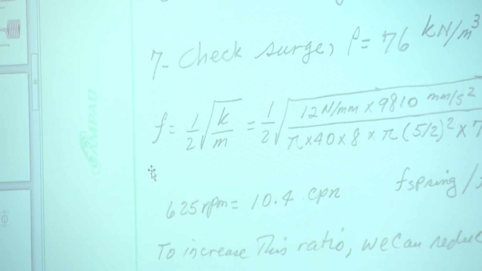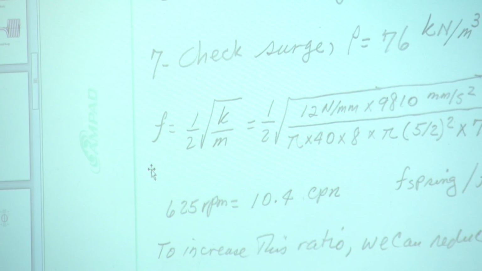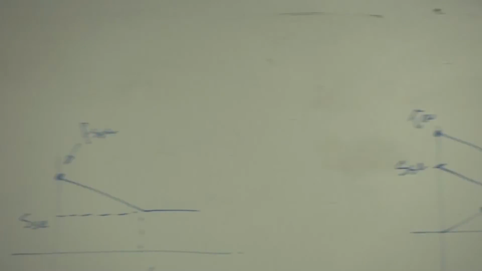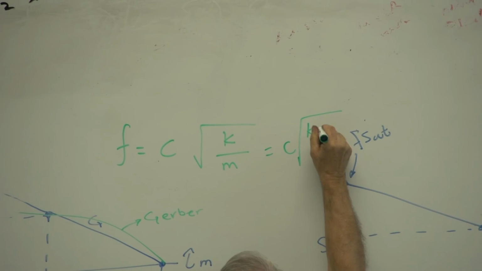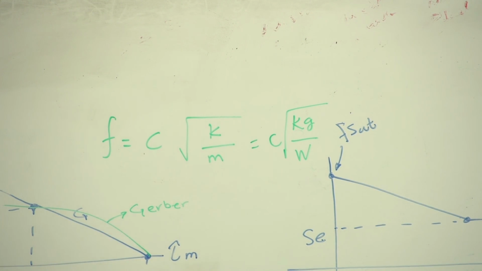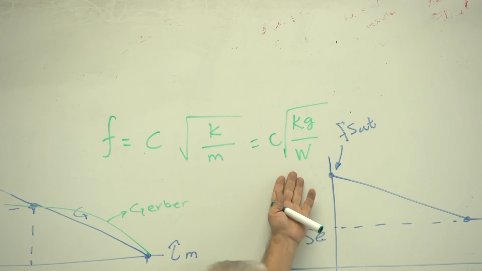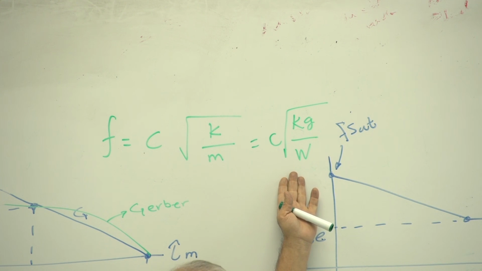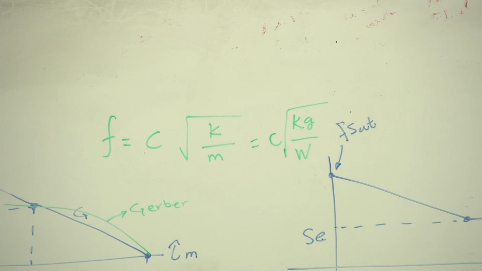This, of course, is the same as, the C, in this case, is 1/2, times the square root of kg divided by W. And since I have the unit weight and not the density, I need to bring in g. So I'm really using this equation. You might want to write this equation next to the other one. I'm really using that equation with C equal to 1/2 because of the end conditions.